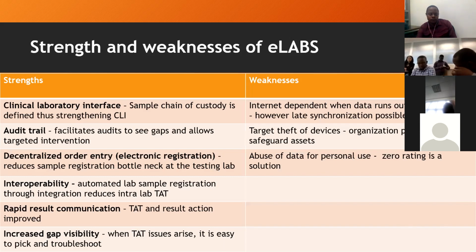Its interoperability, through the integration, also helps us reduce turnaround time in the lab, as well as rapid results communication, because upon authorization, eLABS automatically transmits results to facilities all over the province, which means results are rapidly communicated and acted upon immediately.